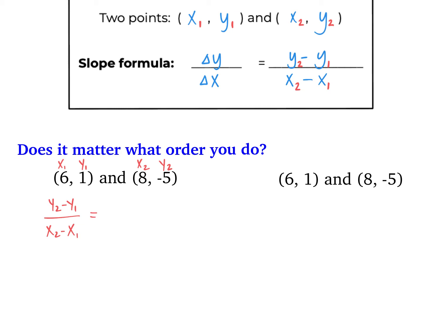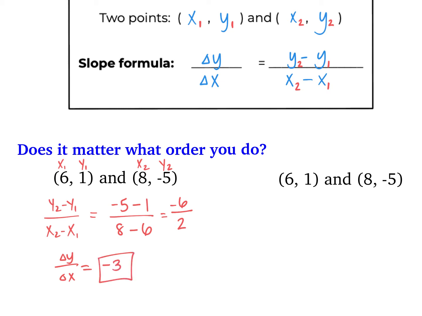If we look, my y2 value is negative 5, and my first y value is 1. So negative 5 minus 1, compared to my second x value, so 8 minus 6. Negative 5 minus 1 gives me negative 6, and 8 minus 6 is 2. So my slope, the change in y over the change in x, would simplify down to negative 3.